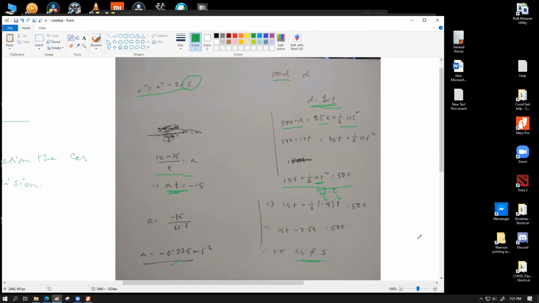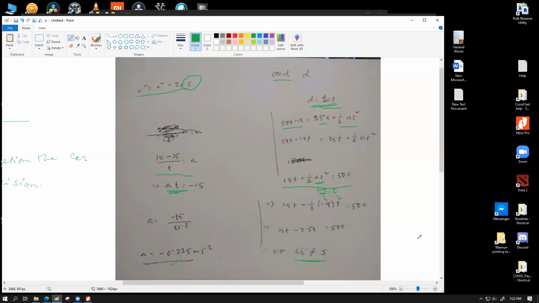Sir, I have a little problem with thinking distance and braking distance. Say, I'll help. There is a question where they asked for thinking distance and braking distance. Okay. Thinking distance is the distance covered over the reaction time, and braking distance is the distance covered over the deceleration.